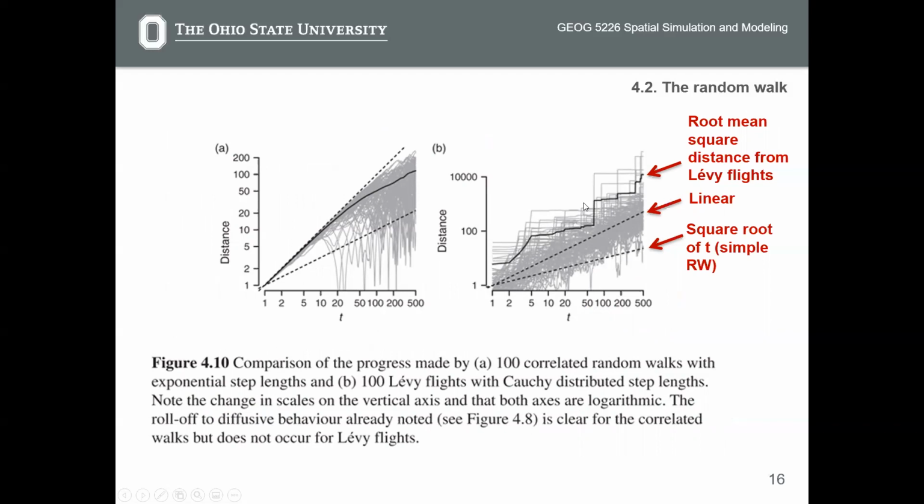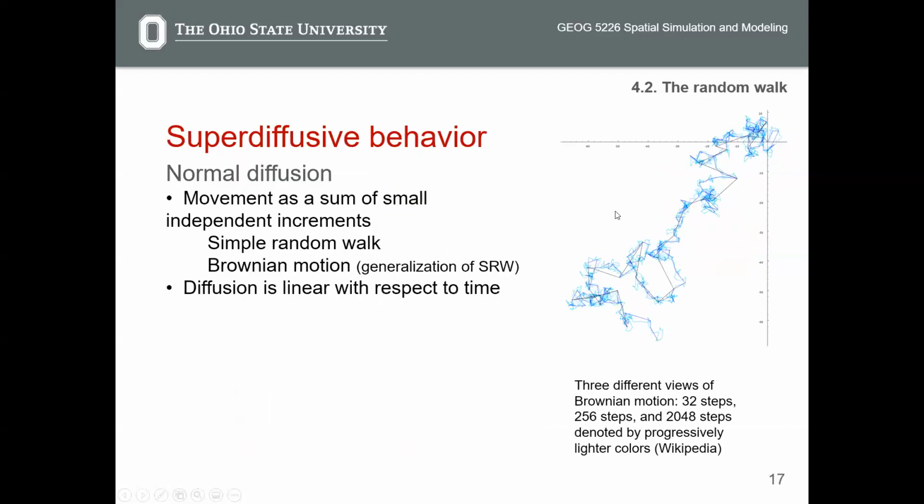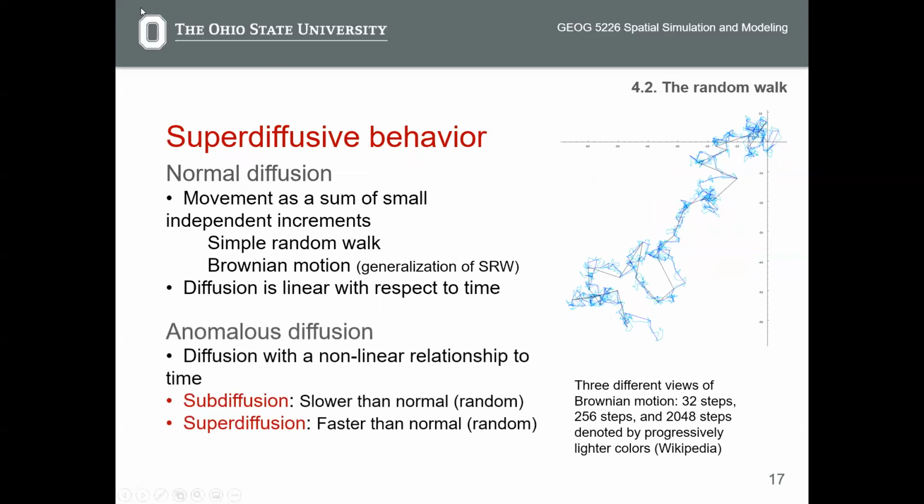The efficiency is higher. But even for Levy flights, some simulations fail to be super diffusive. They're sub-diffusive because some gray lines are even lower than this dashed line for simple random walk. But those are just outliers. So Levy flights have higher efficiency of moving than linear movement, so it's called super diffusive.